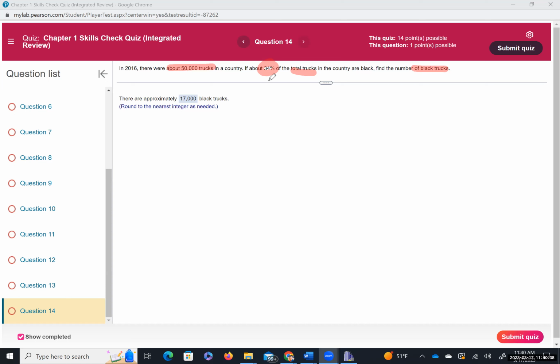So we have a total of 50,000, and you know that 34% of the total, which is 50,000, is the amount of black trucks. That means you're going to do 34% multiplied by 50,000.